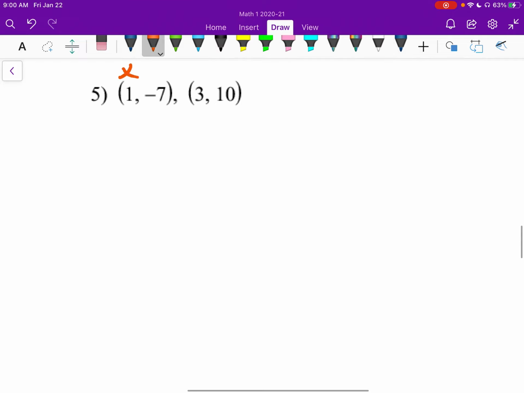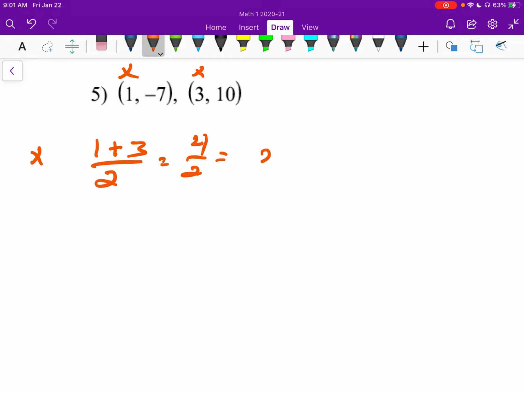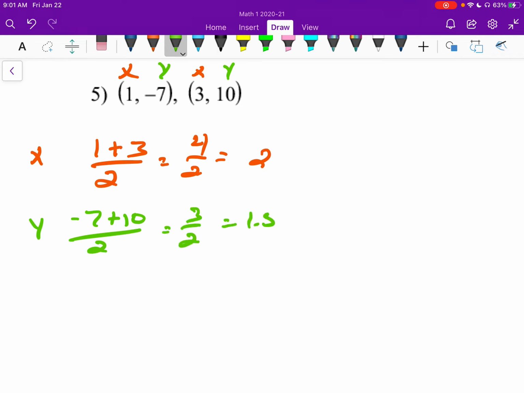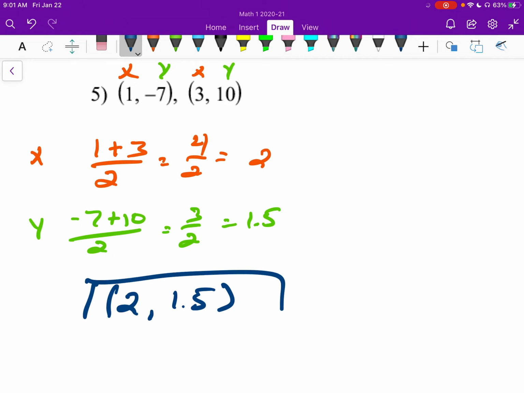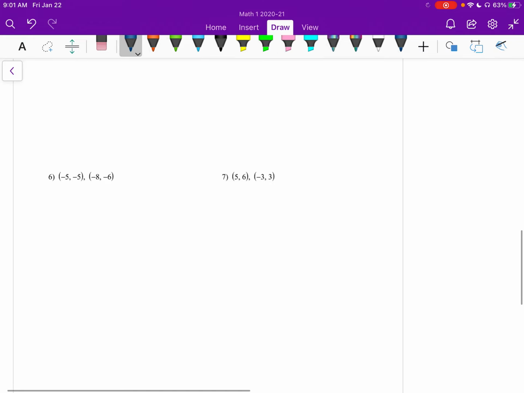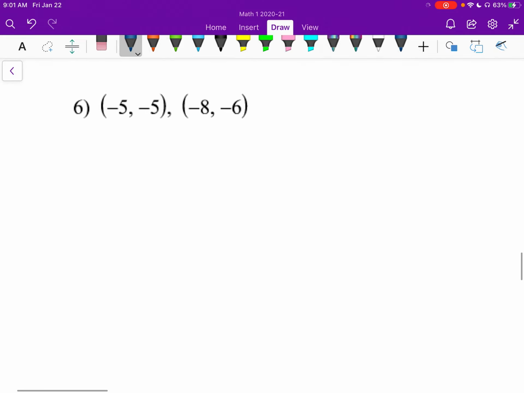Let's go on to number 5. For our x's, we have 1 plus 3 over 2, which is 4 over 2, which is 2. For our y's, I'm going to have negative 7 plus 10 over 2, which is 3 over 2, which is 1.5. So my final answer will be 2, 1.5. All right, number 6, 2 more problems.